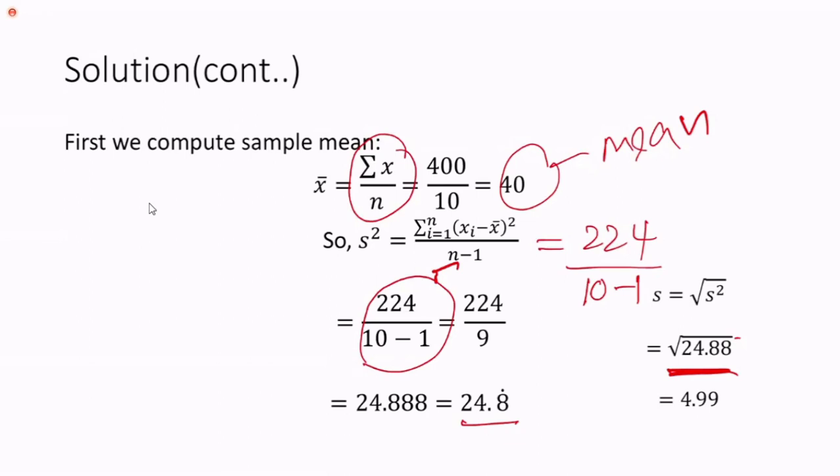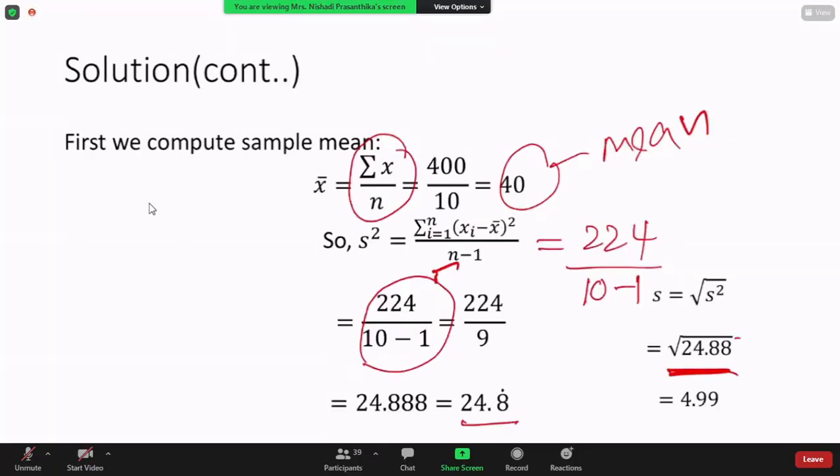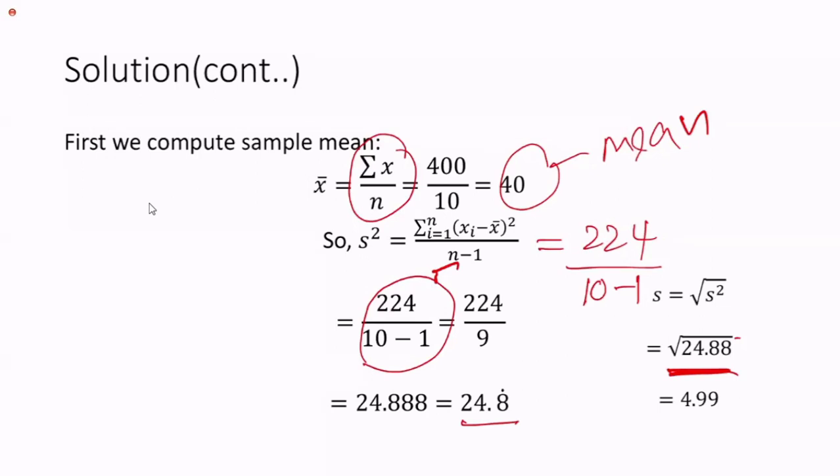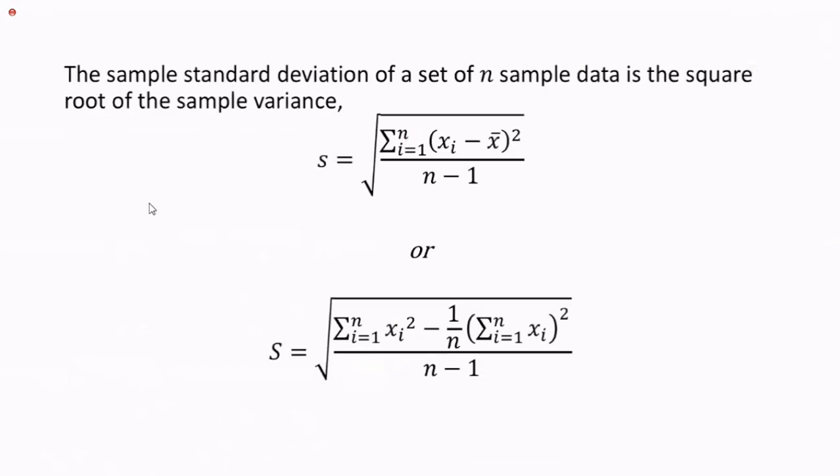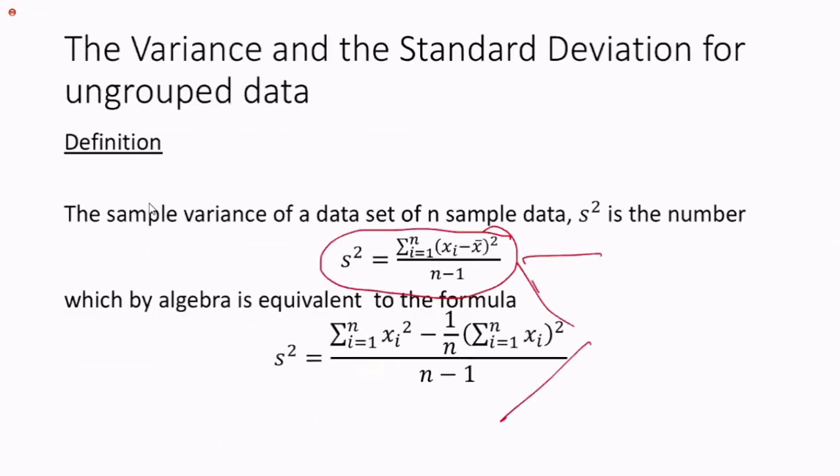Right. Now, we will look at the other formula used to calculate the sample variance. That is sigma x squared minus sigma x all things squared divided by n, the whole thing divided by n minus 1.